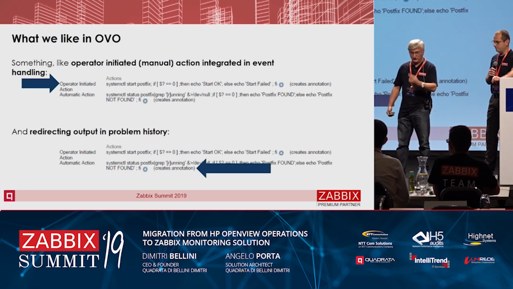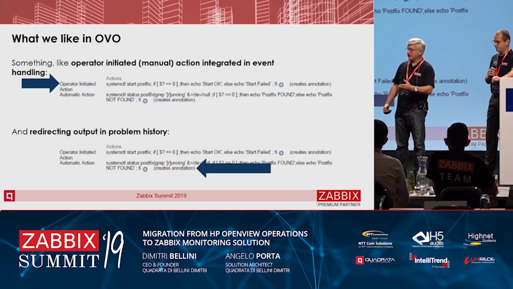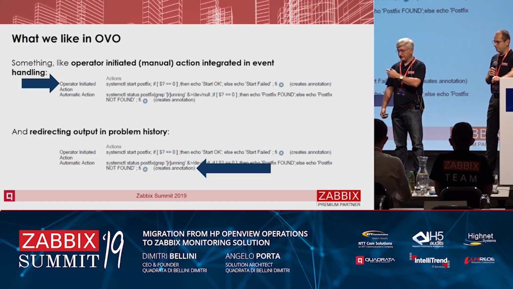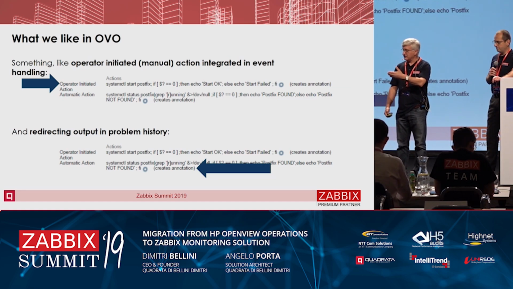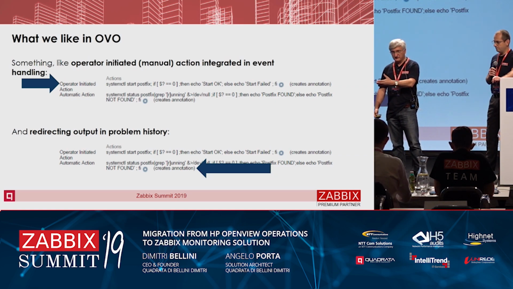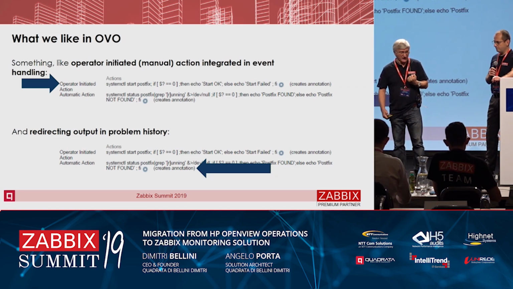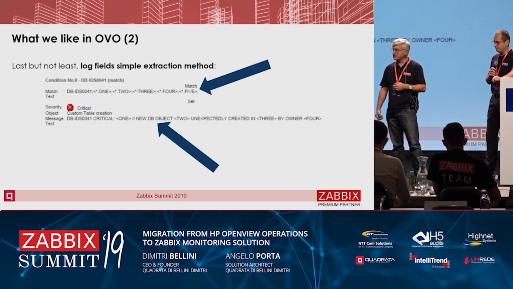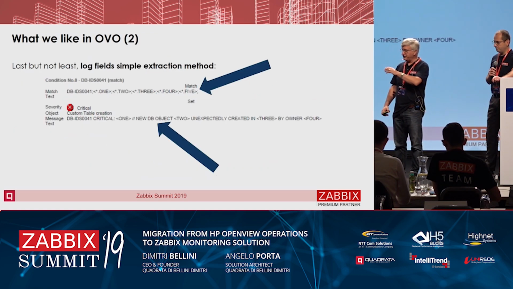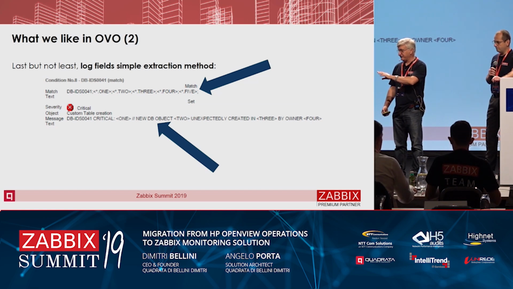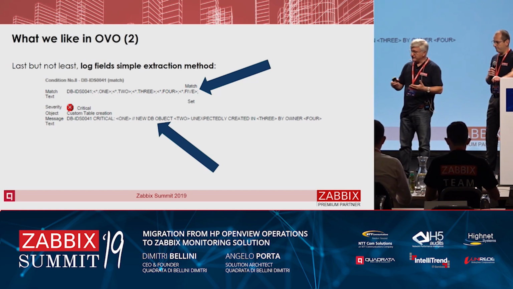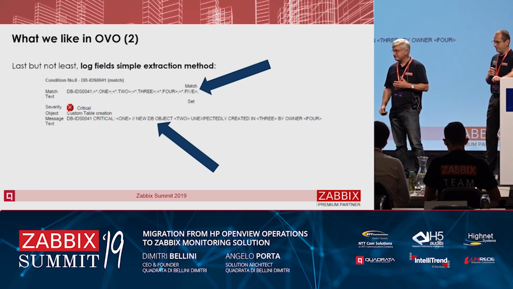What we like in OVO is the way in which this kind of action is defined, the way in which the return code of the automatic operation or the manual action comes back, and also the simple way to describe the different fields related to the regular expression.